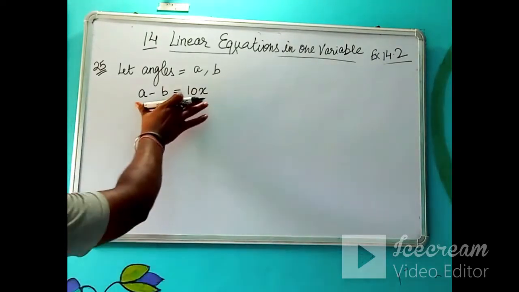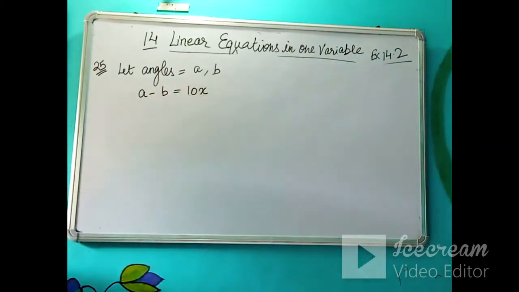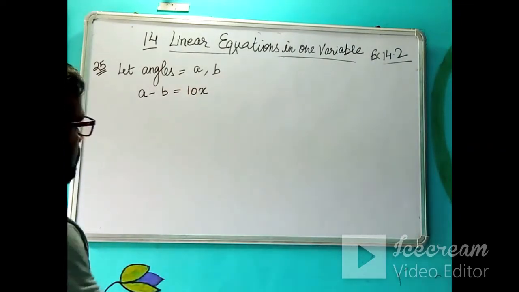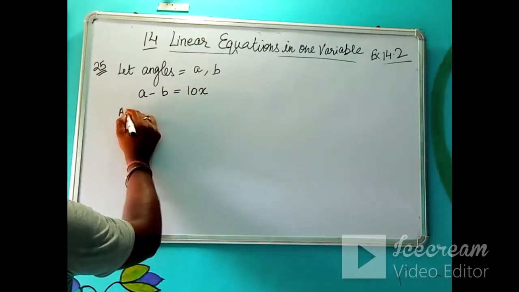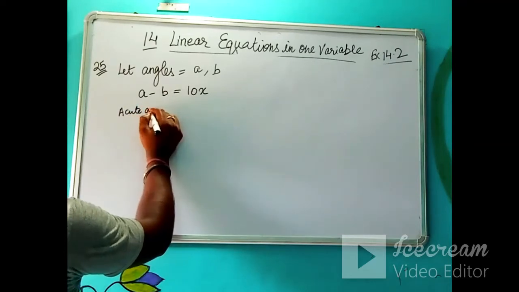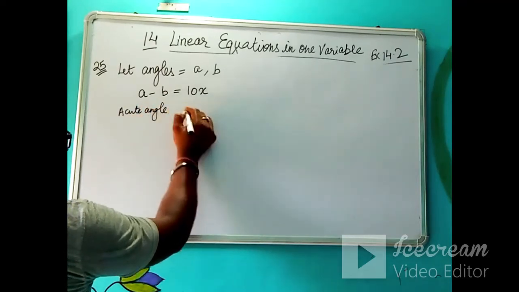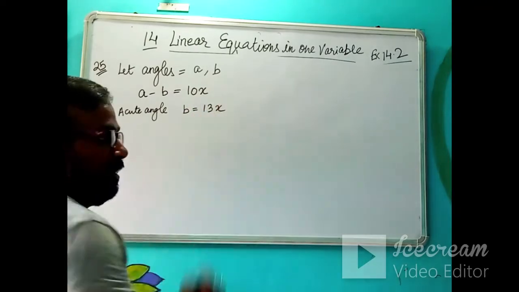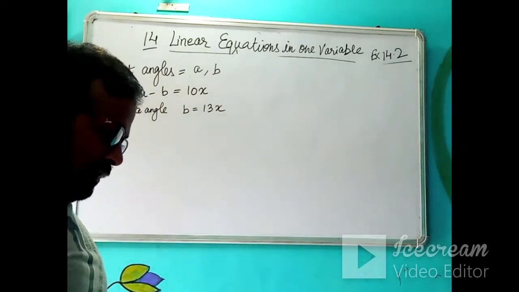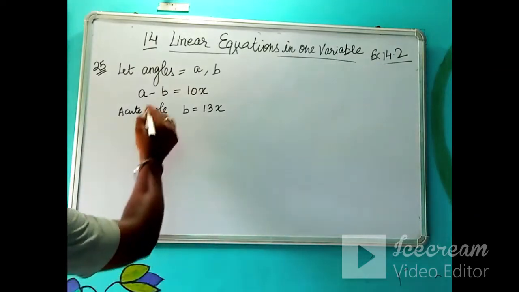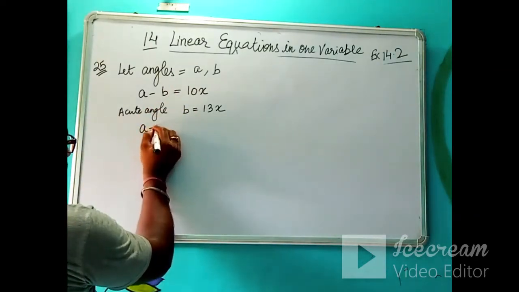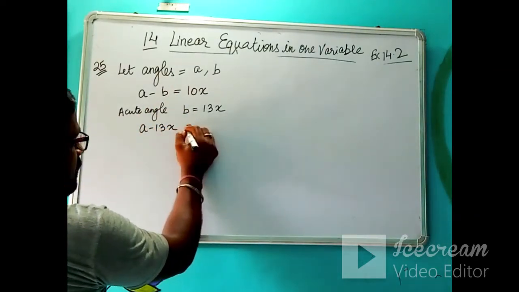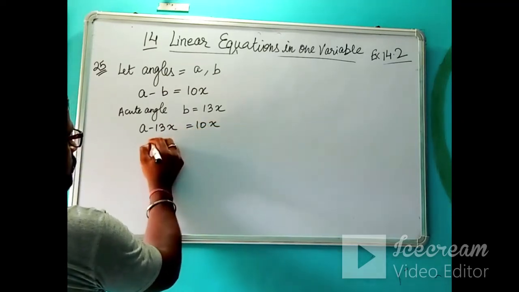Supplementary angles means the sum of the angles is 180 degree. What is given? Their difference is 10x. Also given, acute angle. In this, what will be the acute angle? Definitely B will be the acute angle. So acute angle is 13x. If I put A minus 13x equal to 10x, so what I will get?